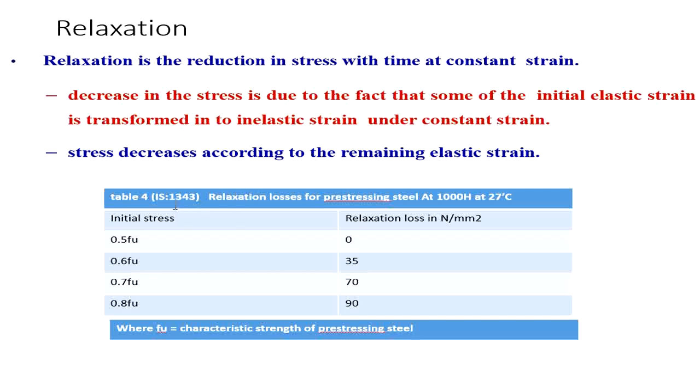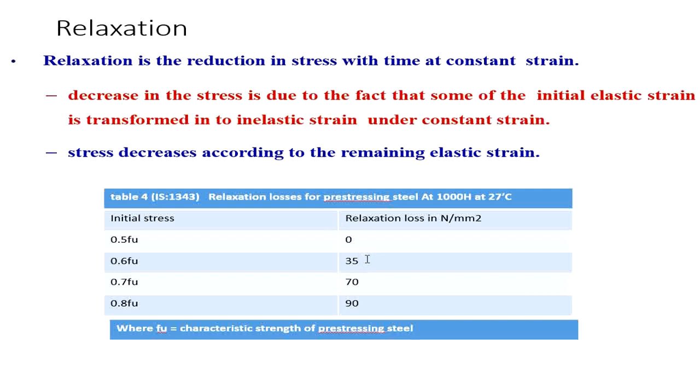Here the values are given in IS 1343/1980. Initial stress, suppose 0.5 Fu: for that, the relaxation loss will be 0. If it is 0.6 Fu, then relaxation loss will be taken as 35 Newton per mm square.